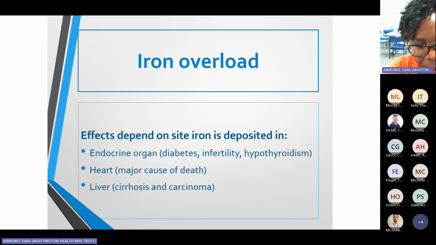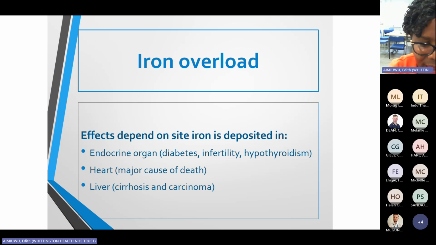The iron overload, the impact on the child depends on the site of iron, where the iron is deposited. Endocrine organs could be affected, resulting in diabetes, infertility, hypothyroidism. If it's in the heart, you can have palpitation, arrhythmias, and iron overload in the heart could result in death.